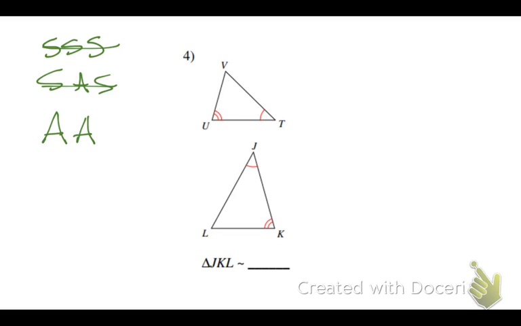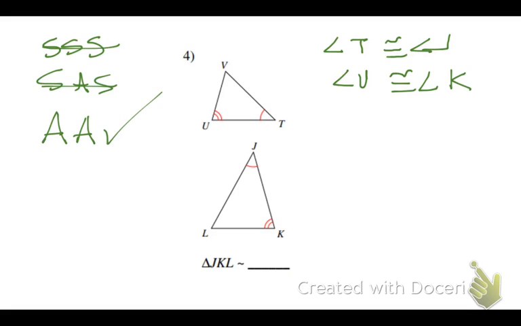Well, I think you will agree that angle T is congruent to angle J because of the one red slash, and that angle U is congruent to angle K because of the two marks.